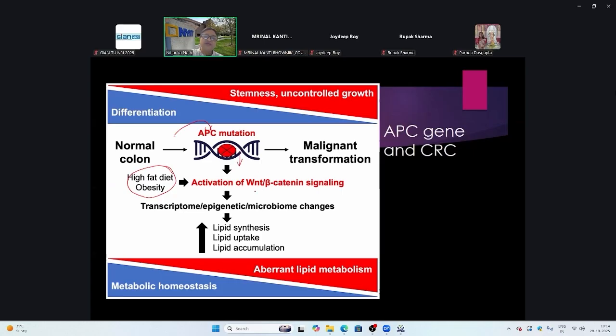Further, they will activate this signaling pathway called the Wnt beta signaling pathway. And that's how it's pronounced, Wnt and beta signaling pathway. And this beta signaling pathway, along with some additional mutations or further changes in the cell, because it is a signaling molecule, leads to further changes, and that will cause a change in lipid metabolism.